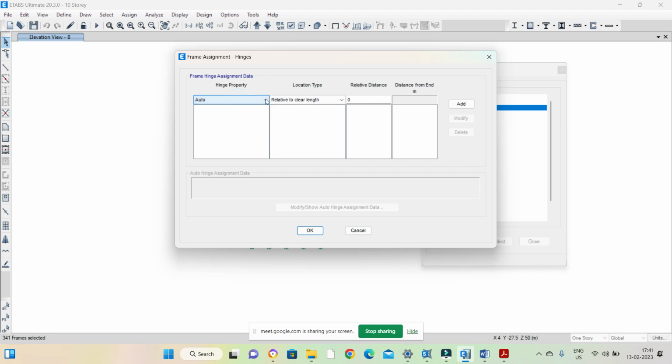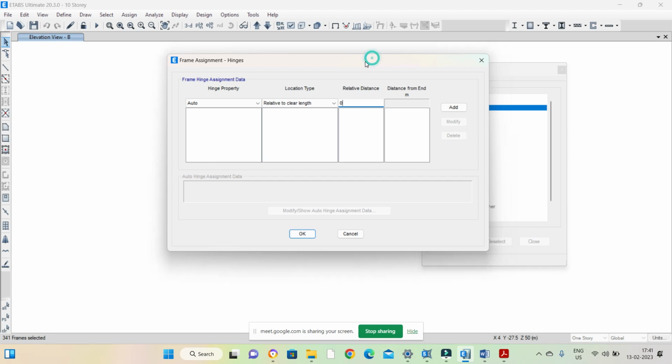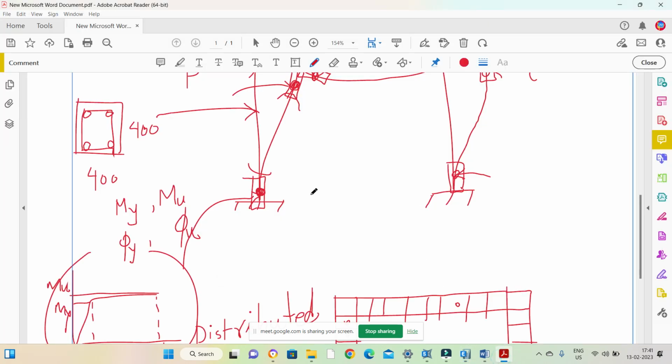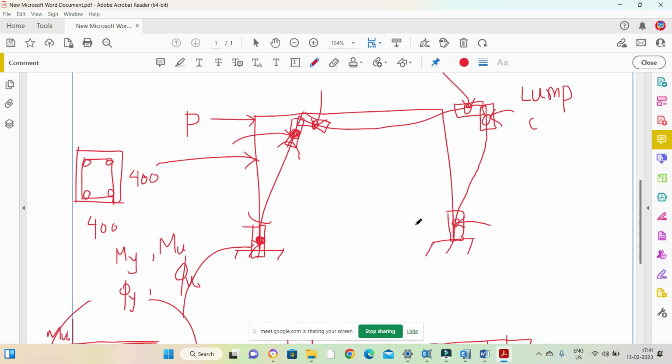So this is the auto hinge, and here you can define the distance at what point you want to consider your hinge. Now again come back to this. Let us say from this end, at 5% of the total length I want to define.